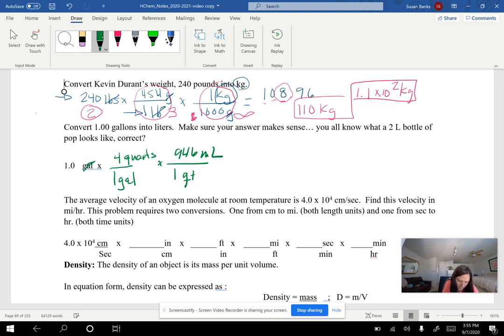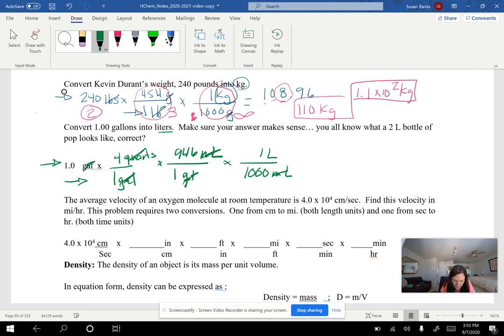Okay, let's go back to units. My gallons cancel out, my quarts cancel out. I want liters. Do you remember how many milliliters are in a liter? There are 1,000 milliliters in 1 liter. So my milliliters cancel out. Okay, so once again, everything on the top is a multiplier.